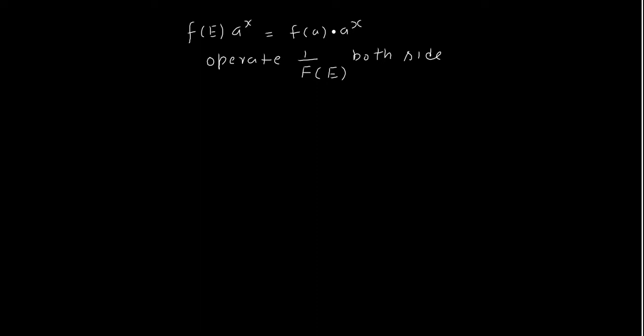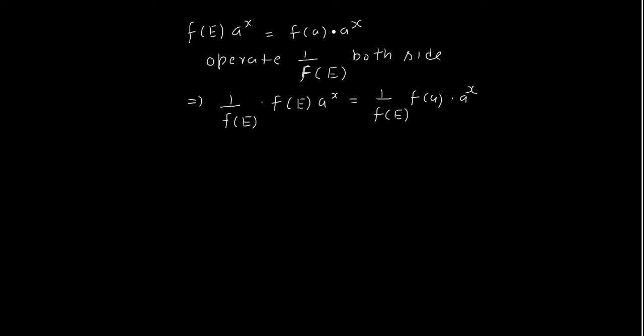Then we get 1 upon f of e into f of e, a to power x equal 1 upon f of e into f of a into a to power x.